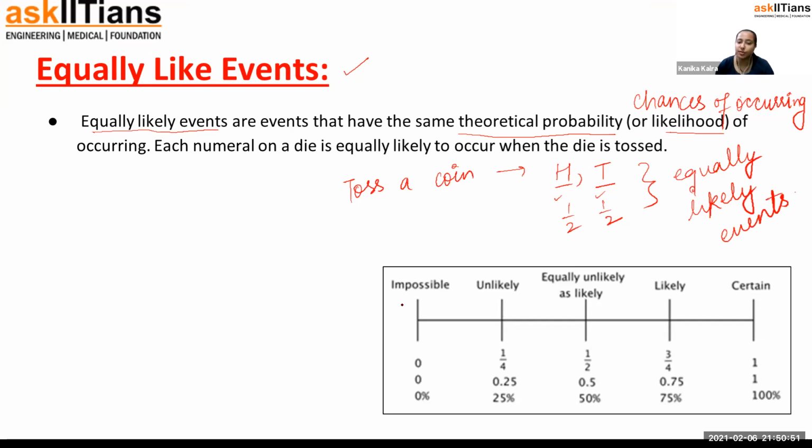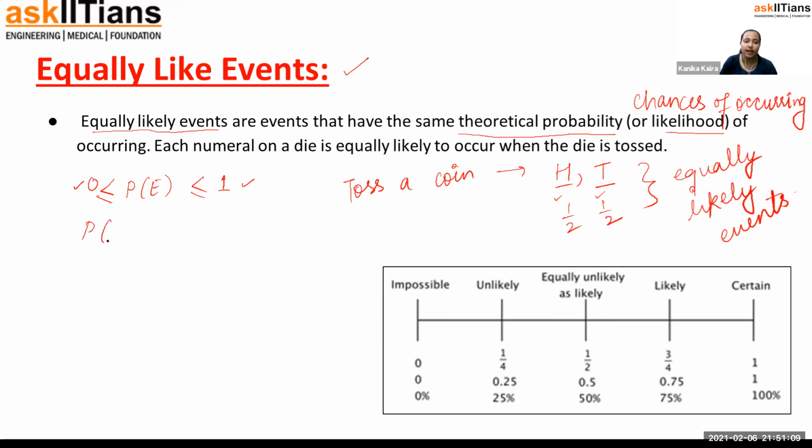Let's look at the table which is given. One more thing before starting, probability of an event always lies between 0 and 1. You cannot have a probability greater than 1 or less than 0.